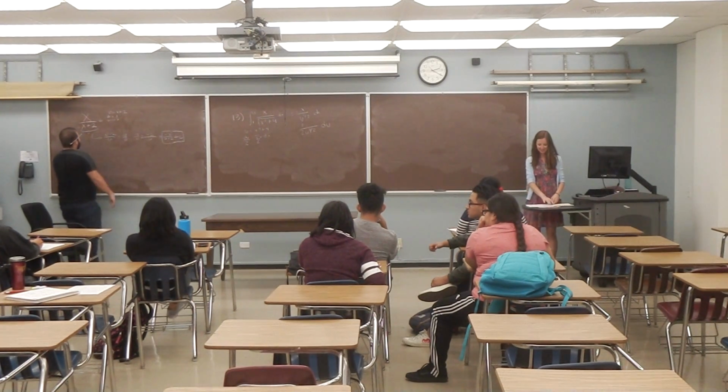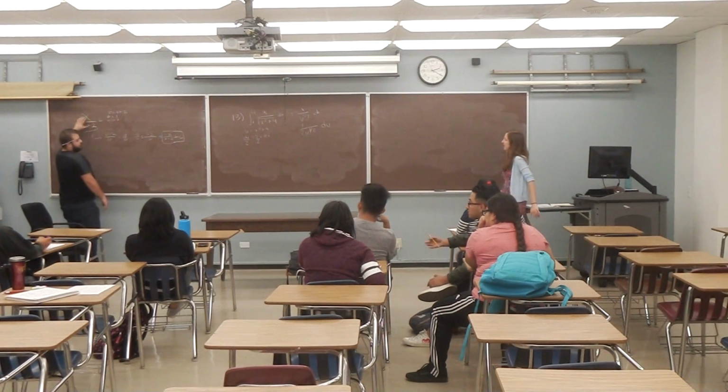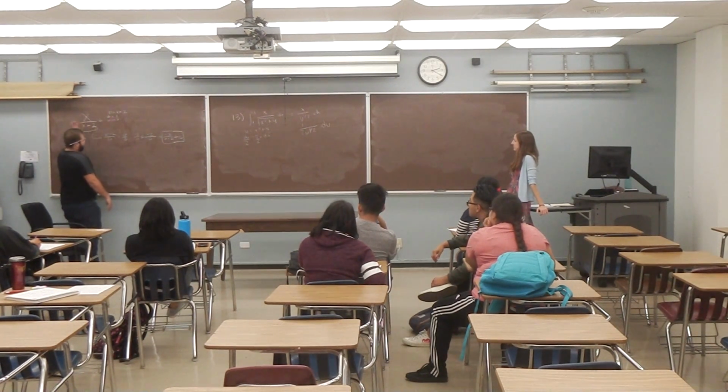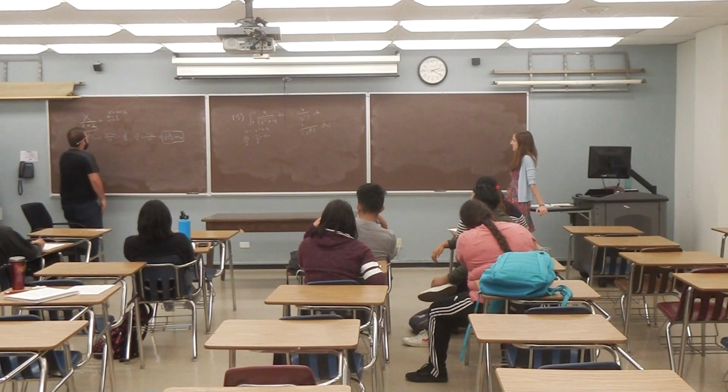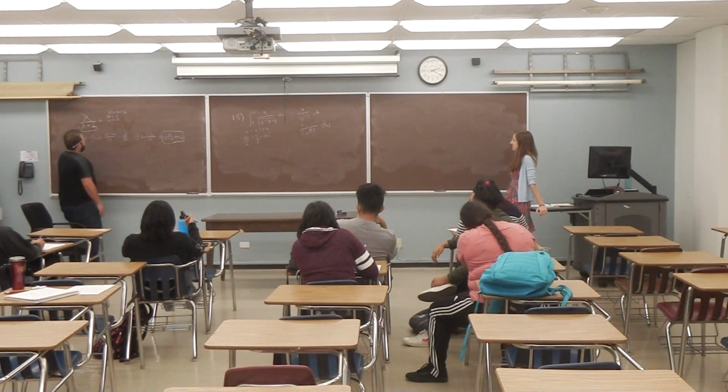So basically what she told me is, since you can't really find a way to make this more factored out or simplified, I use substitution to figure out what my options are.